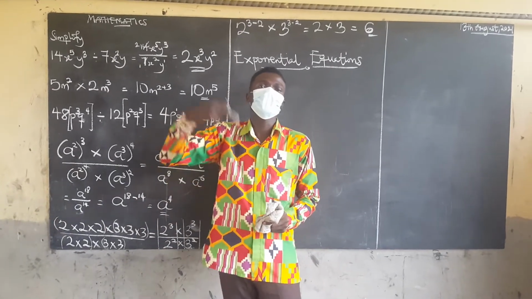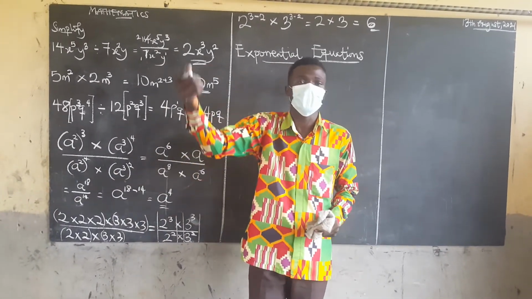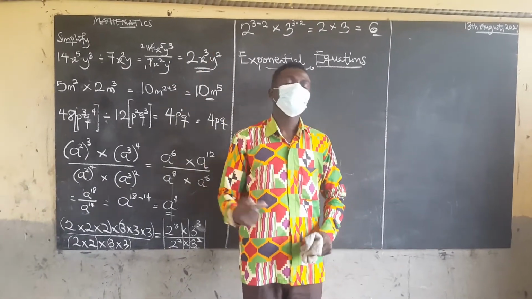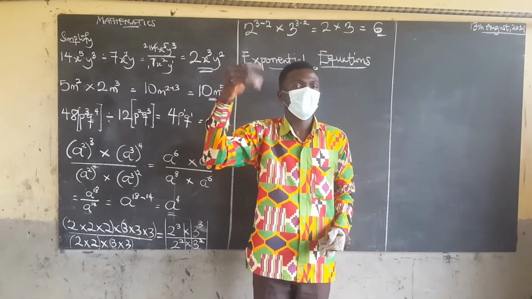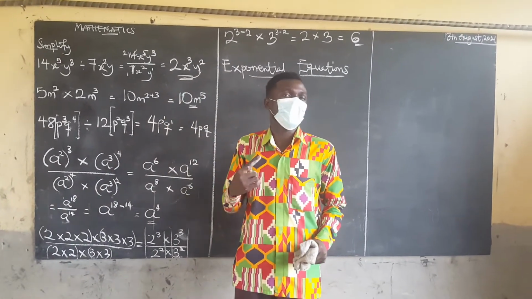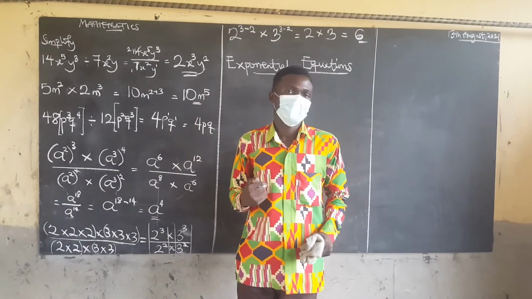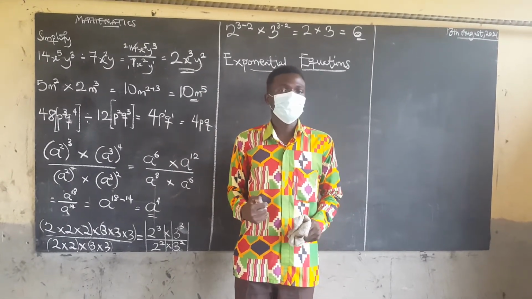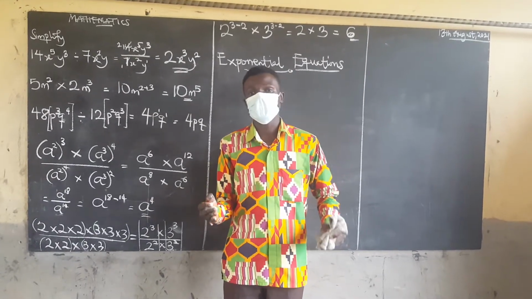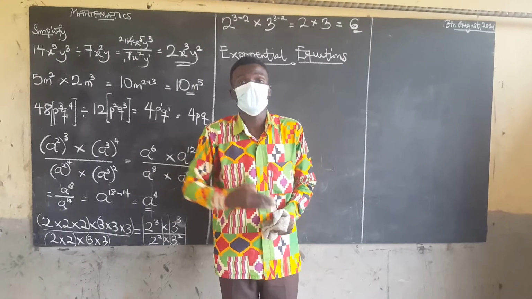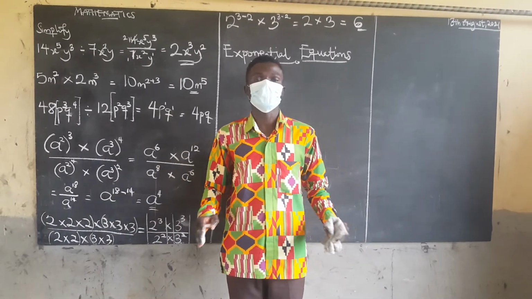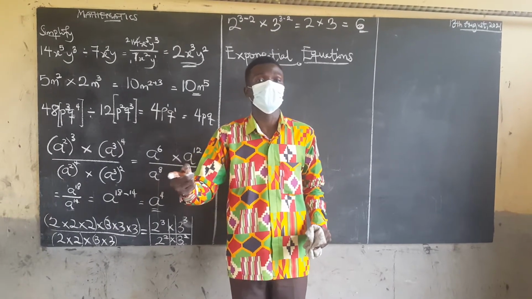We have exponential. When we say exponential, it means a number that is having a power. So 2 raised to the power 4 is an exponential, or an exponent. Now when it comes to the equation, what is an equation? An equation is a mathematical statement having an equal to sign. So any mathematical statement having an equal to sign is an equation.